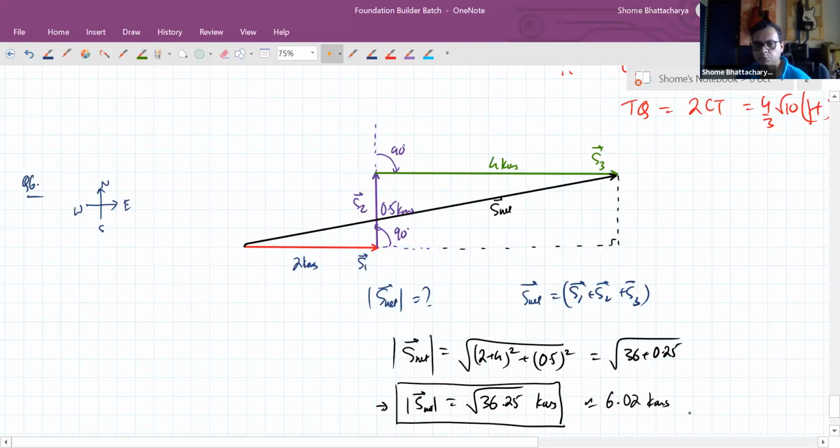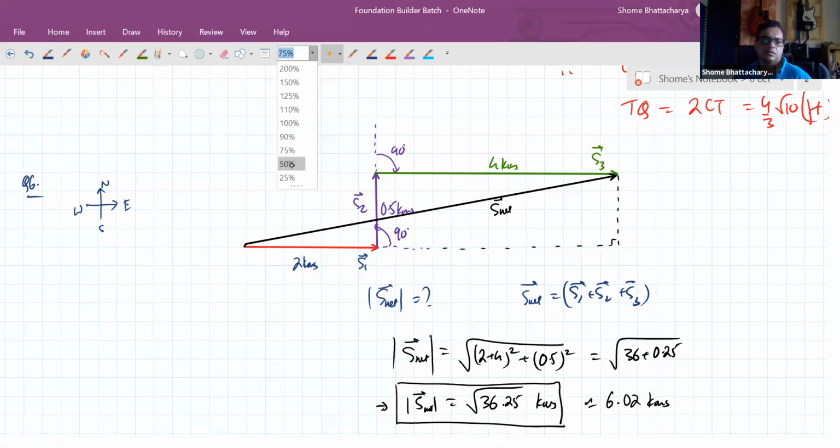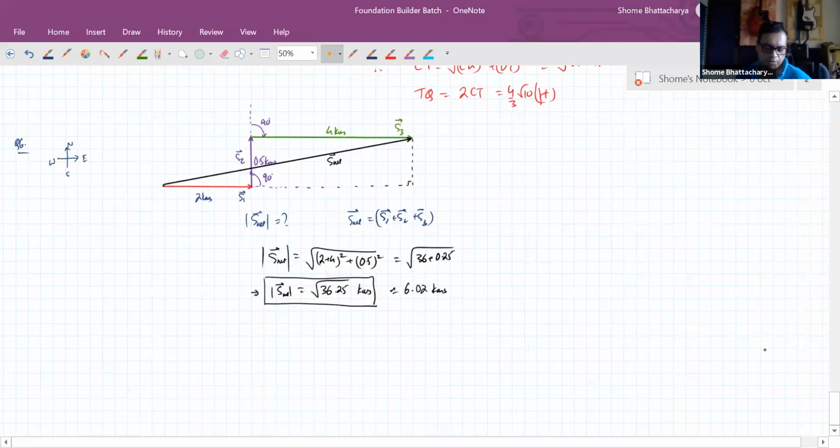If you round it off up to the second place of decimal, it will come out like this. So again, this is a very straightforward question. You have to just make sure that you understand what the question is saying in terms of language. Okay.